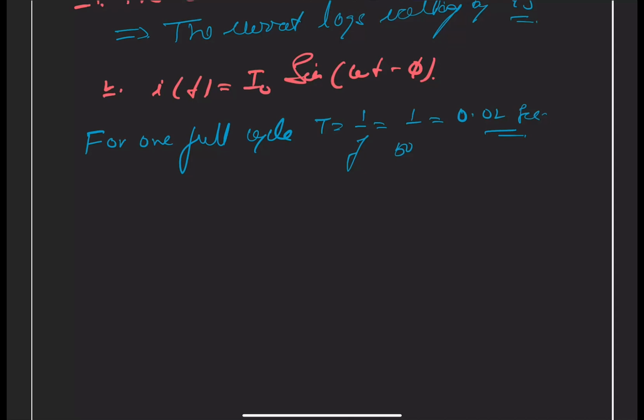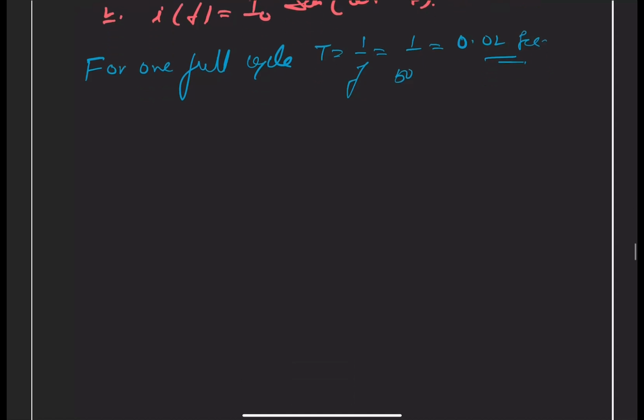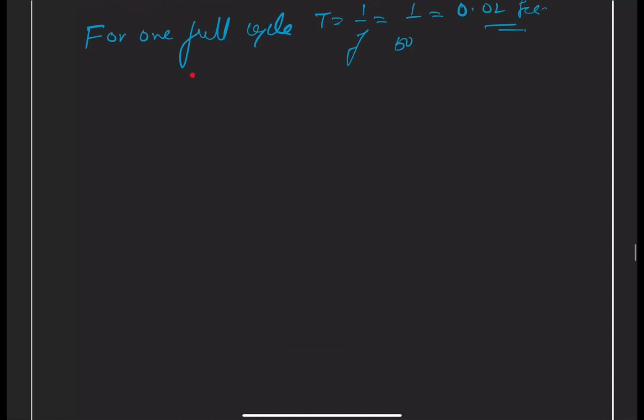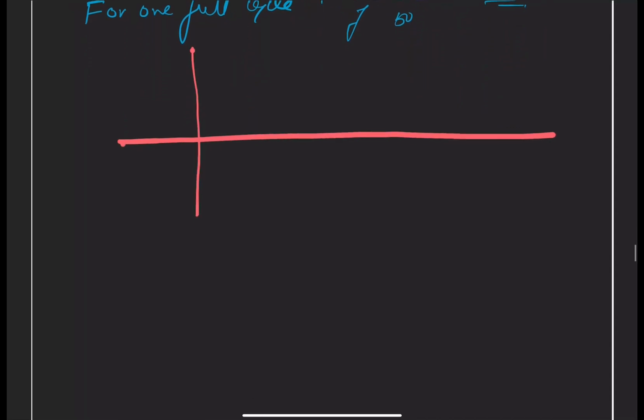And this current waveform will be sinusoidal in nature. The only difference is that it is going to have a 45 degree phase difference. So we can draw this approximate diagram. We are already given the voltage, so let us first draw the voltage.